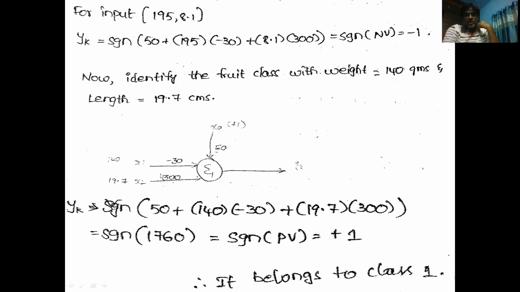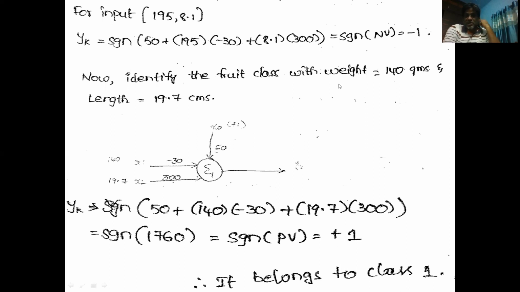Now the calculation is yk equal to 1 into 50, that is 50, plus 140 into -30, plus 19.7 into 300. So it gives us a positive value. If a positive value is given to the signum activation function, it gives us +1 as the classification.